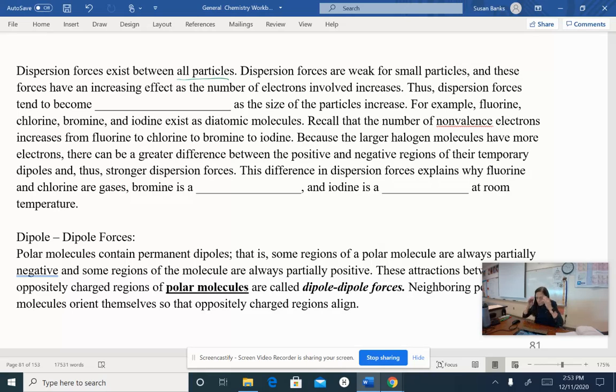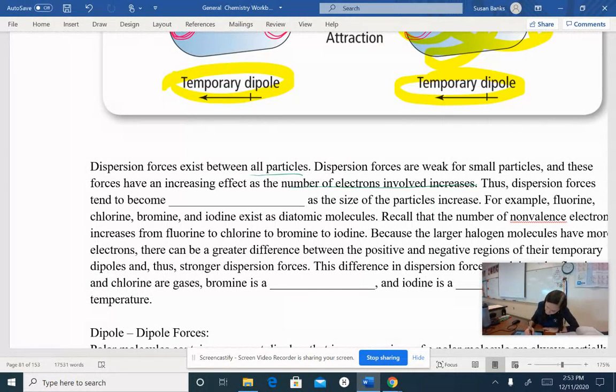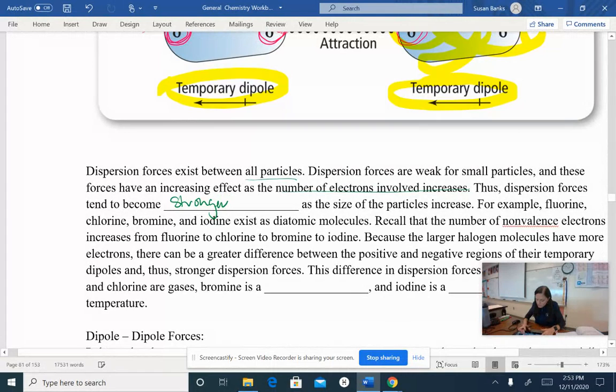Dispersion forces are weak for small particles, and these forces have an increasing effect as the number of electrons involved increases. The more electrons, the more the electron cloud can be manipulated. Thus, dispersion forces tend to become stronger as the size of the particles increases.